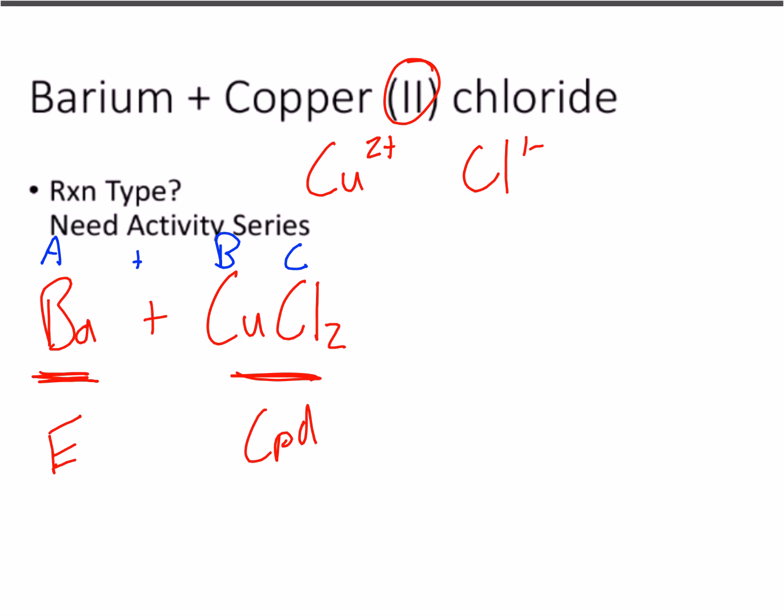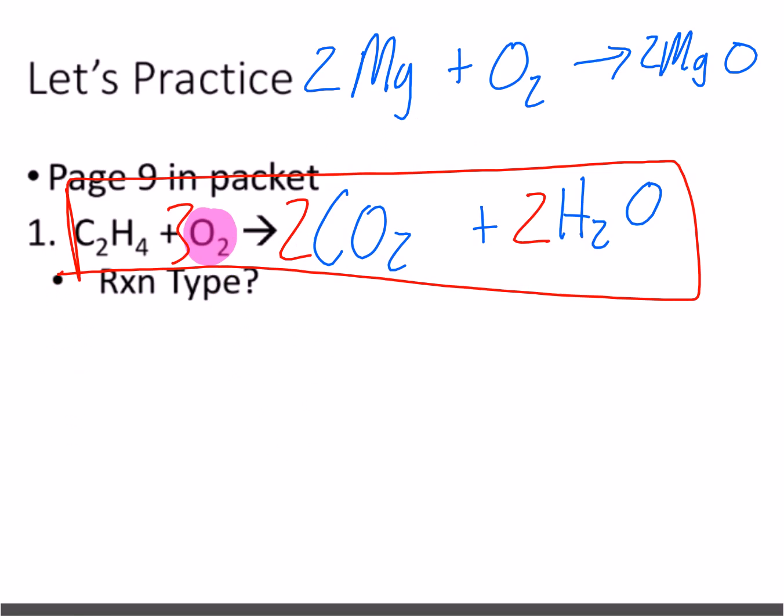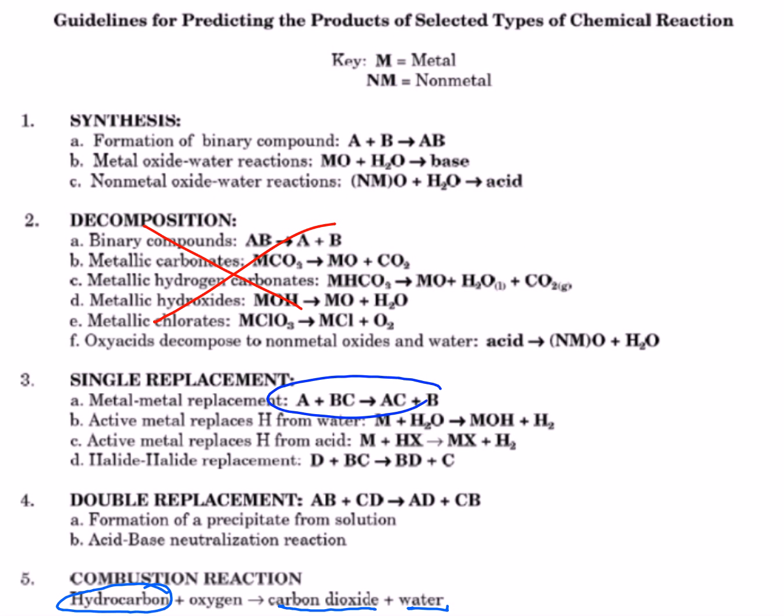But if there's no plus sign between the letters, that means it's a compound. So you can see the general equation, A plus BC, and you can match it up right here. Oh, look. There it is. A plus BC. Find the way that works for you. This is a huge resource. That's why this is one of the easier units of the year, because you've got so much information, guys, on this table, on this chart.